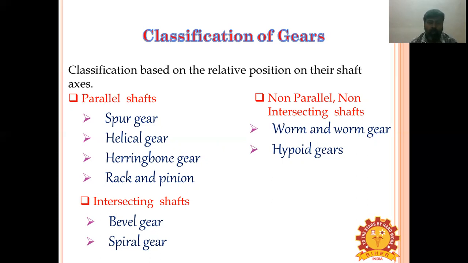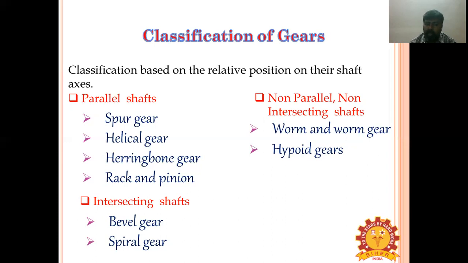The first classification has many examples. Parallel shafts include spur gear, helical gear, herringbone gear, rack and pinion, and all types of internal gears.